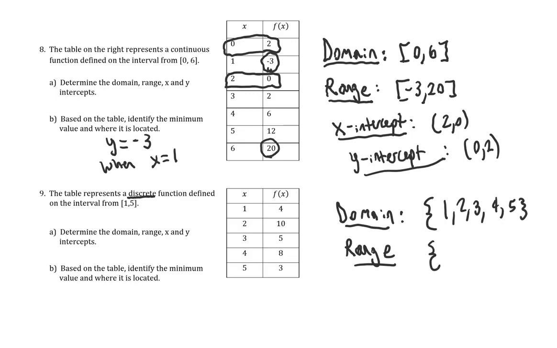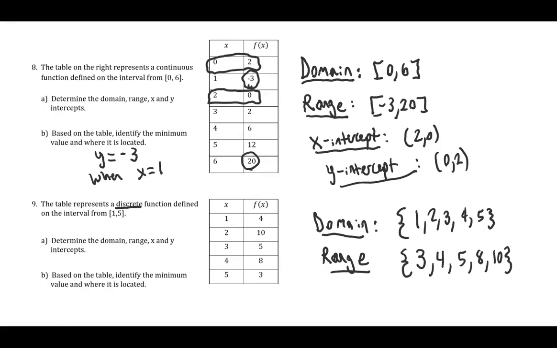And for the range, I just list the y values, and I like to try to list them in ascending order. So we have 3, 4, 5, 8, 10. So notice the difference between how the domain is written in a continuous situation as an interval versus in a discrete situation in problem 9, where it's just a list of numbers as a set.